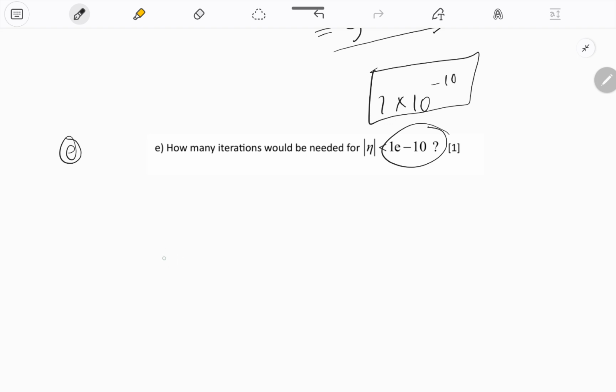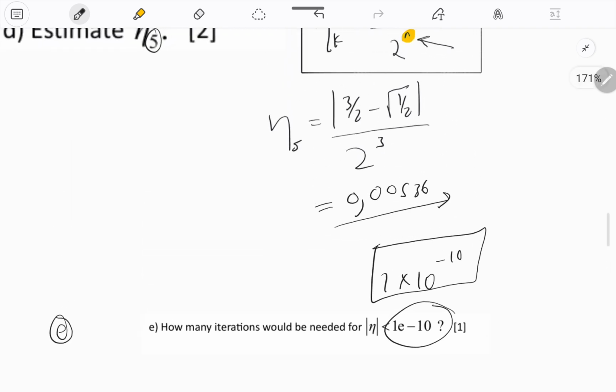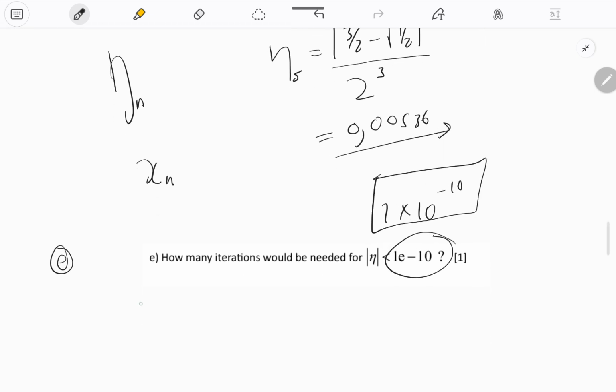Technically, especially on the memo here, they use the number of iterations as m. That's why here they call this one n, because n is the x number, it's xn. So for the number of iterations they use m. Here it will be m, here it will be n.